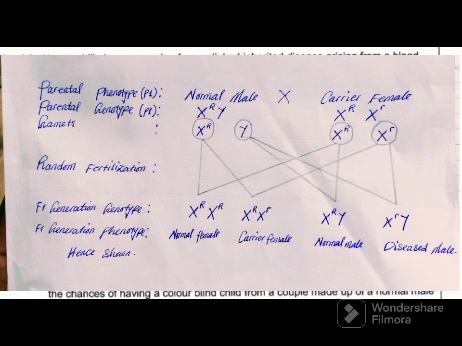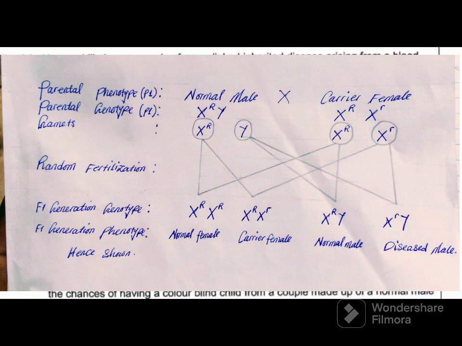On the parental genotype, you write the genes for the male parent. So it's X to the capital letter R. On top there you put R on top of X, and the Y chromosome you write it.